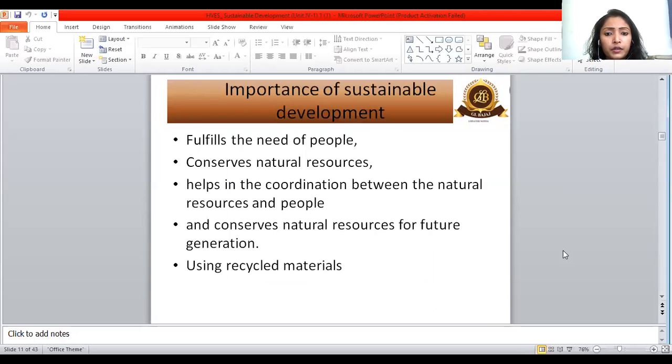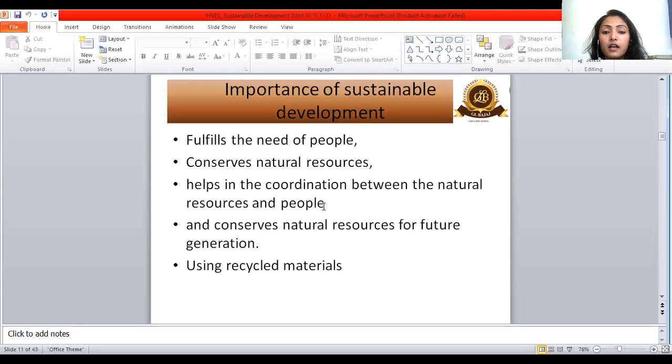Now, quickly, certain aspects on the importance of sustainable development. Why should we talk about sustainable development? Of course, it fulfills the needs of the people; there are certain basic needs we need to take care of. We need to conserve natural resources, which also helps coordination between natural resources and people.